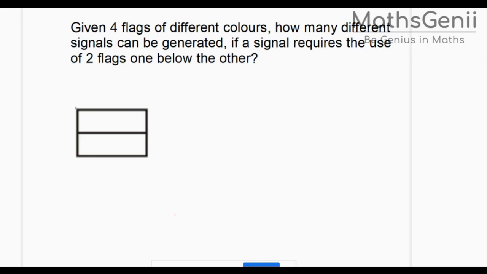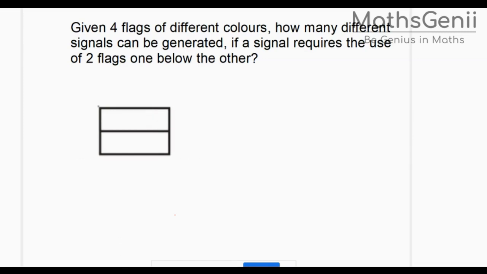Okay, so the next question. Given four flags of different colors, how many different signals can be generated if a signal requires the use of two flags? Now the signal cannot be of the same color. Even in a traffic signal you have three colors, so naturally we will consider that repetition is not allowed.